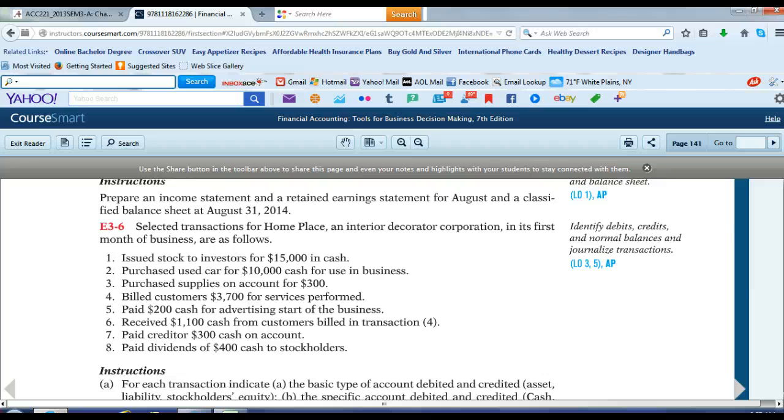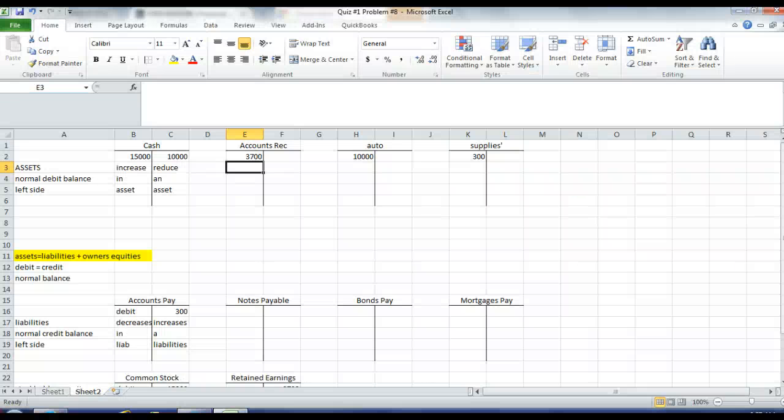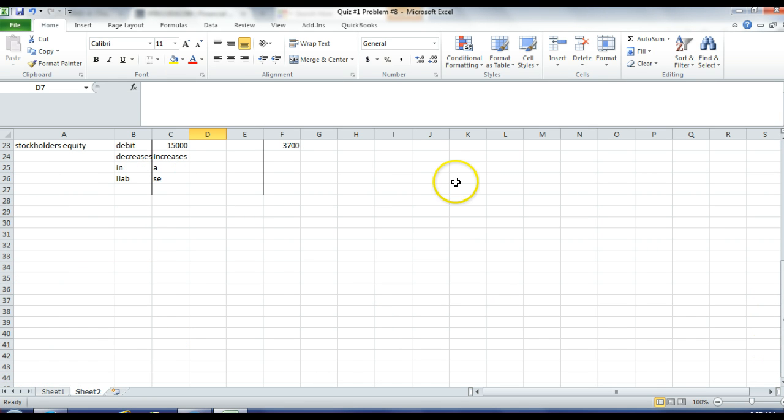The next, we paid $200 cash for advertising start of the business. We paid $200 cash. That means cash is decreased or credited. It goes down $200. Now we know that that's an expense, but it's always going to play out with our retained earnings.